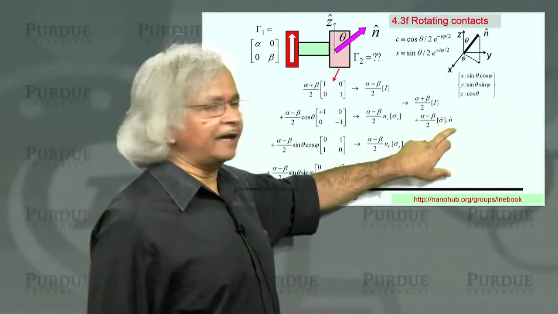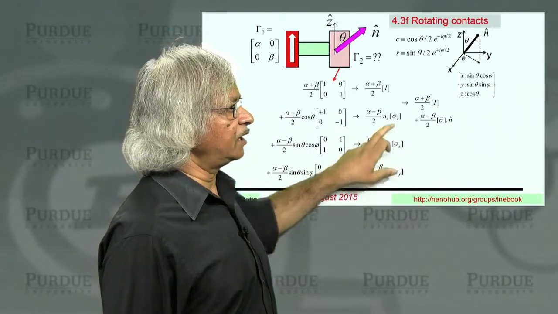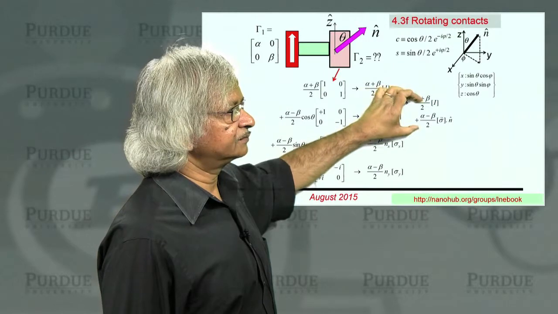Similarly, sigma dot N denotes sigma X Nx plus sigma Y Ny plus sigma Z Nz.